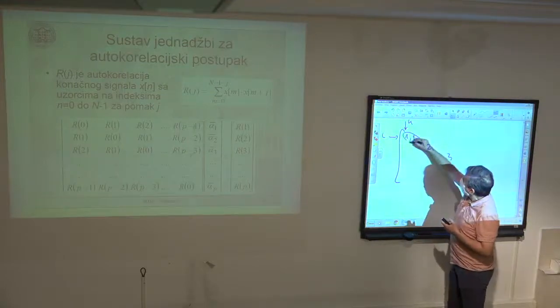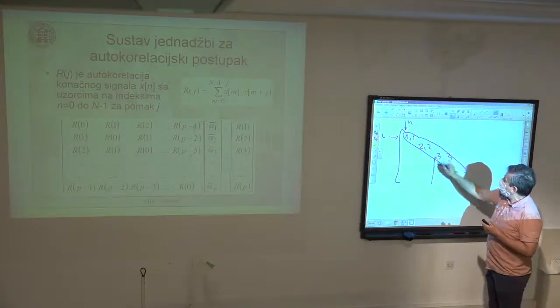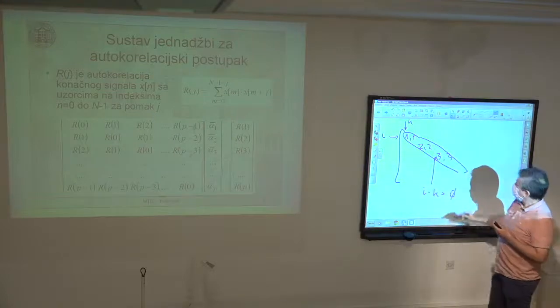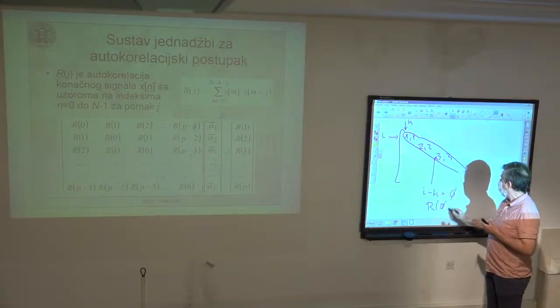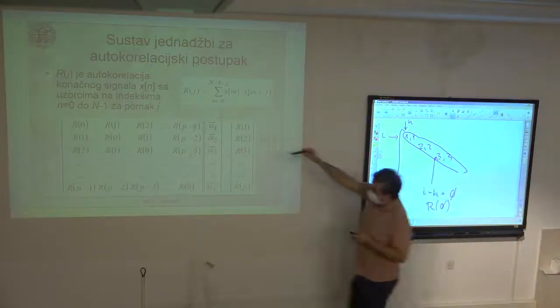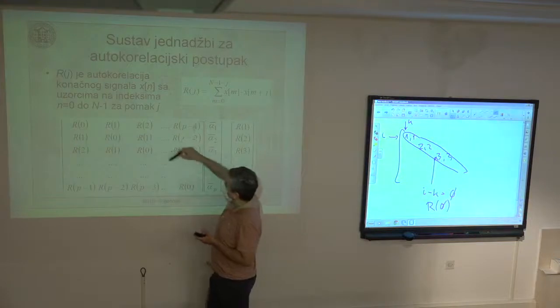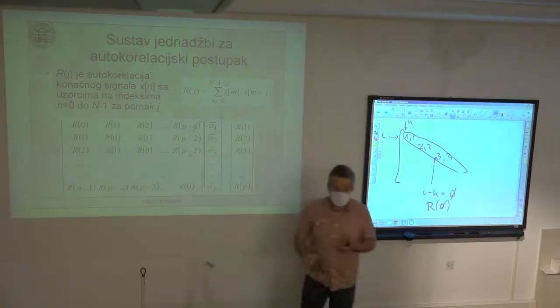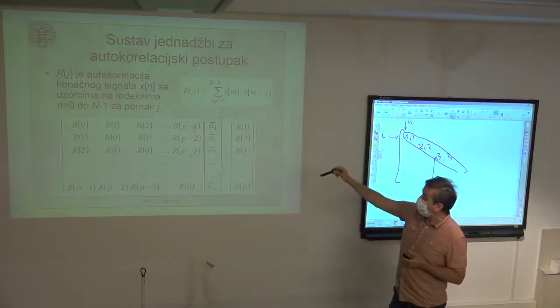Then for all of these values on the main diagonal, i minus k is equal to 0. Okay? And then I have r(0) on the main diagonal of the covariance matrix. This will be called the autocorrelation matrix. So r(0) is on the main diagonal because row and column index are the same.